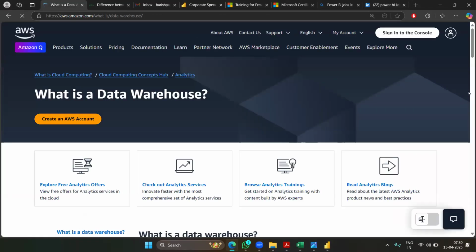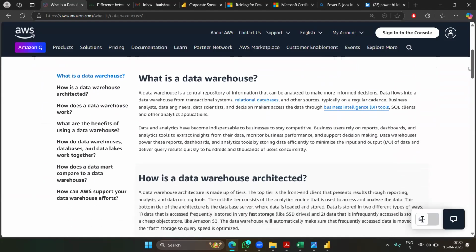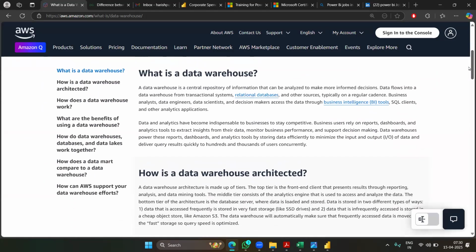Before going to this, let me show you some theoretical part about the data warehouse. A data warehouse is a central repository of information that can be analyzed to make informed decisions. When we say informed decisions, the management is going to take decisions based on facts, not on assumptions.